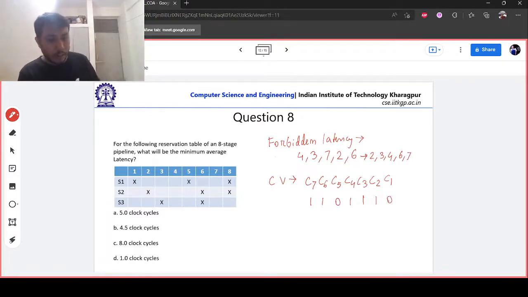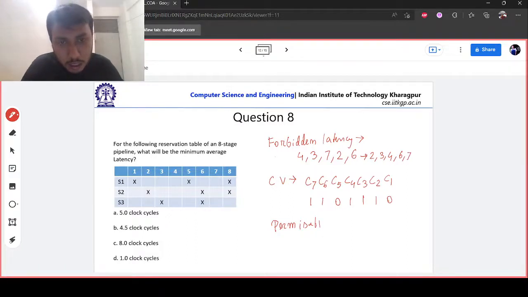So another thing is the permissible latency.